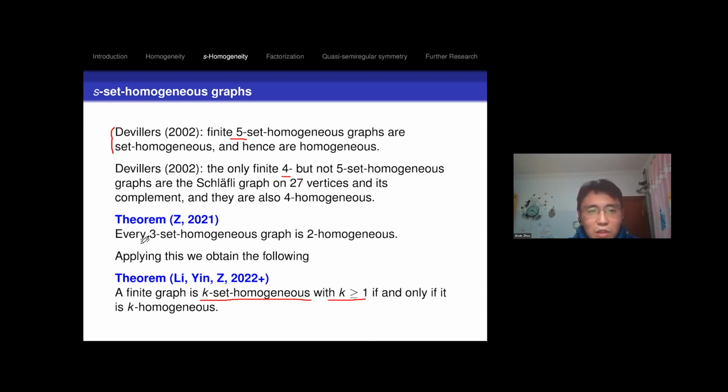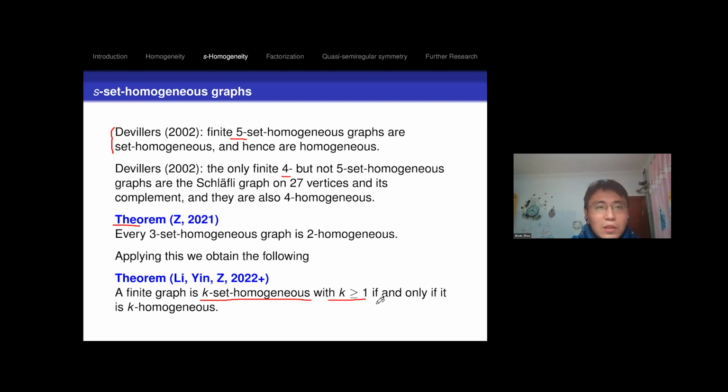So we just use this theorem and, based on some group theory, we can prove it for k equal to 1, 2, 3 and obtain this result. The main case is k is 2 or 3.